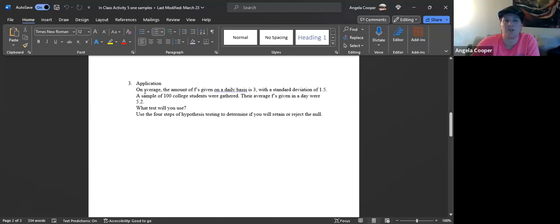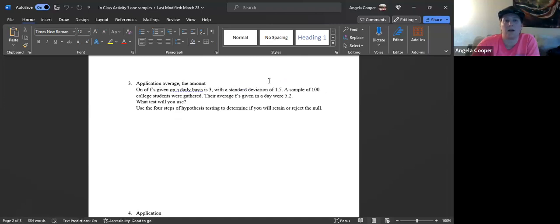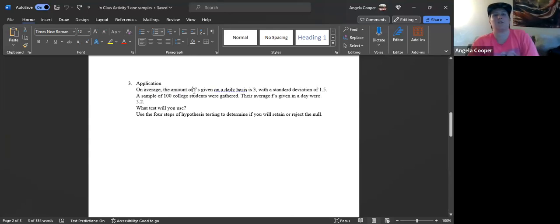That's just the average amount of Fs given on a daily basis in what's assumed to be the general population. Now we have a sample of 100 college students, which comes from the population of millions of college students, however many there are.